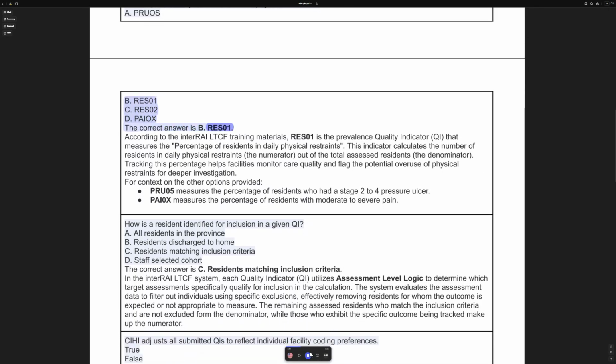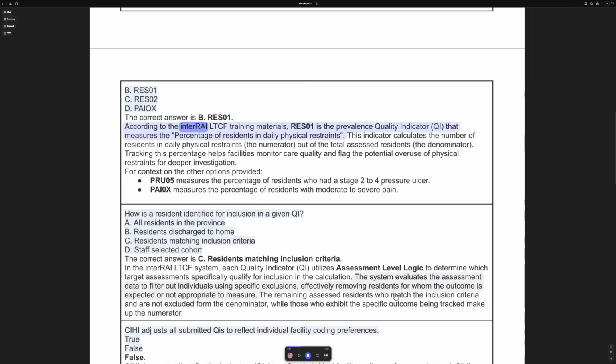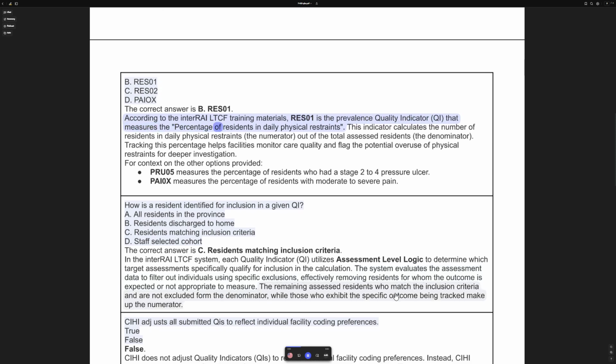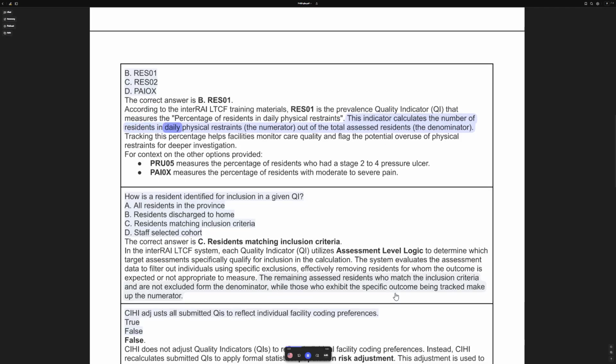RES 01. According to the RAI training materials, RES 01 is the prevalence quality indicator, QI, that measures the percentage of residents in daily physical restraints. This indicator calculates the number of residents in daily physical restraints, the numerator, out of the total assessed residents, the denominator.